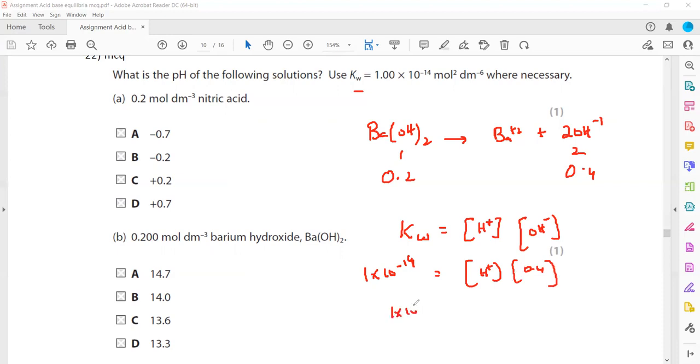So this will be 1 into 10 to the power minus 14 divided by 0.4. This will give us the amount of hydrogen ion. Using that hydrogen ion concentration, we now use the formula pH equals minus log of hydrogen ion concentration. When we substitute, this will be 13.6, so C will be the right answer. Is it clear, this second part?